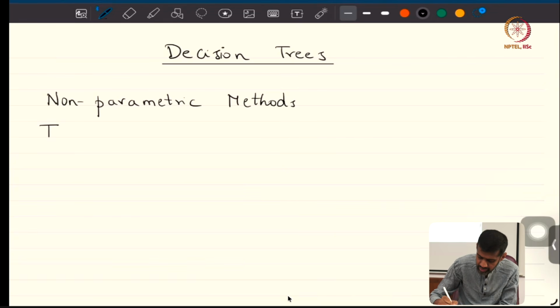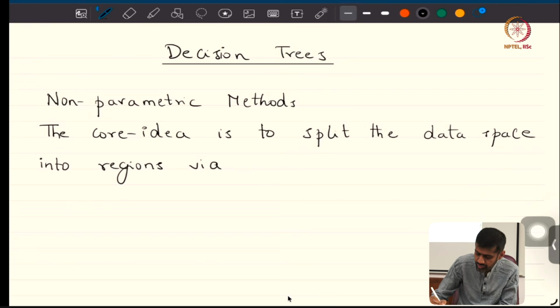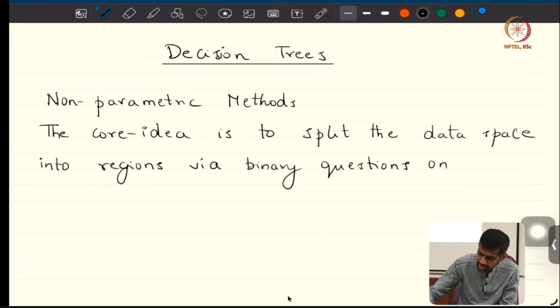The core idea is to split the data space into regions via binary questions, mostly binary questions on feature dimensions or data dimensions, let us say.